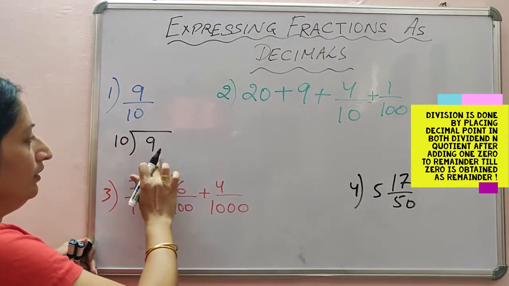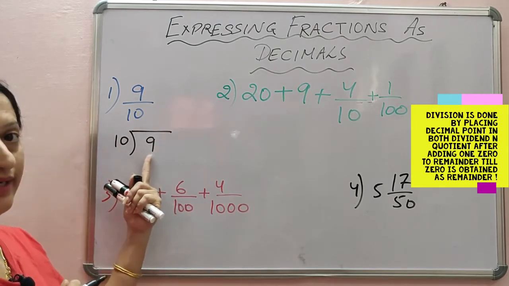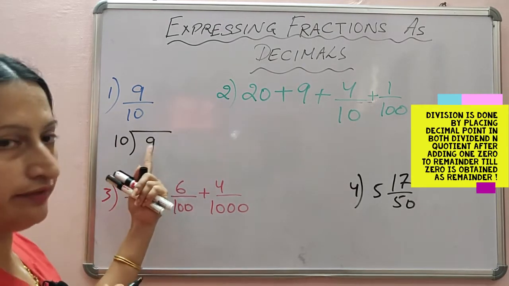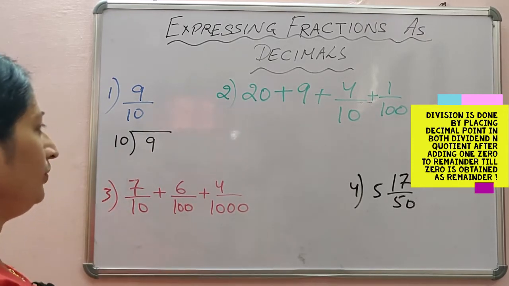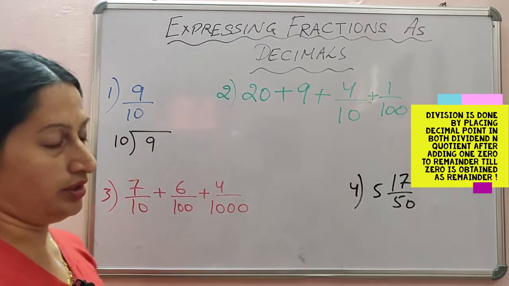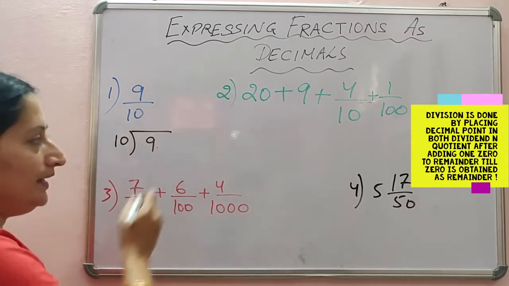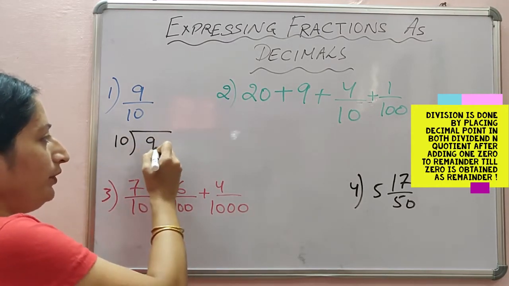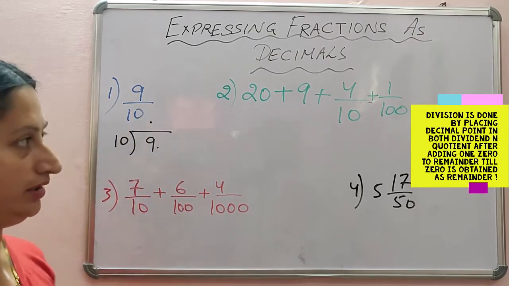Because the numerator, or dividend, is smaller and the divisor is bigger, we have to put a decimal point and put some 0 after that. The rule is that if we put a decimal here, we have to put the decimal here also in the quotient.